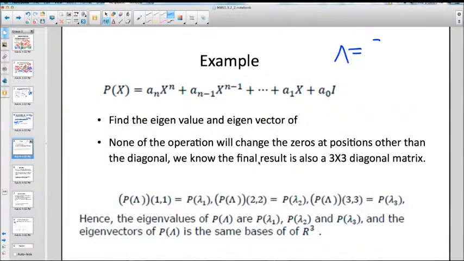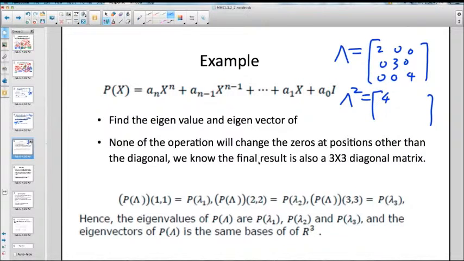So let's look at the diagonal matrix again. If you have a hard time to follow abstractly, then let's use numbers to make it easy for us. So it's a diagonal matrix. And if you want to square that, then you know it's going to be 4, 9, 16.